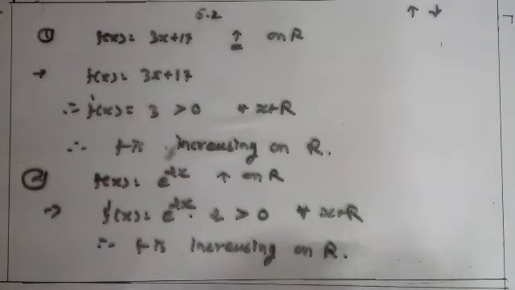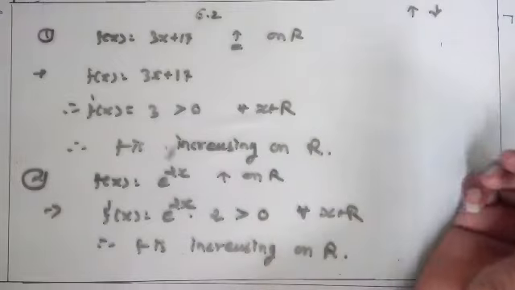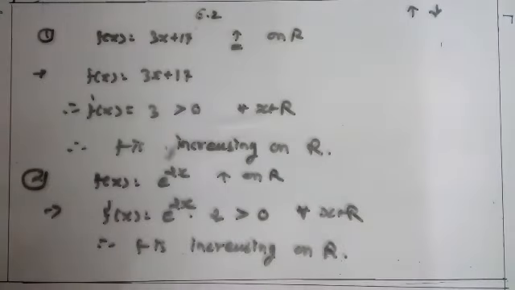Now question number 3. Show that the function given by f(x) equal to sin x is increasing in (0, pi by 2), decreasing in (pi by 2, pi), and neither increasing nor decreasing in (0, pi).